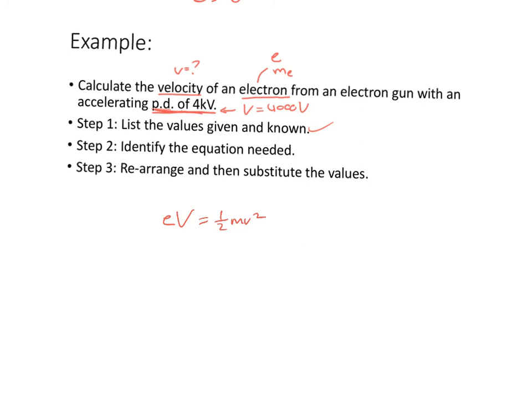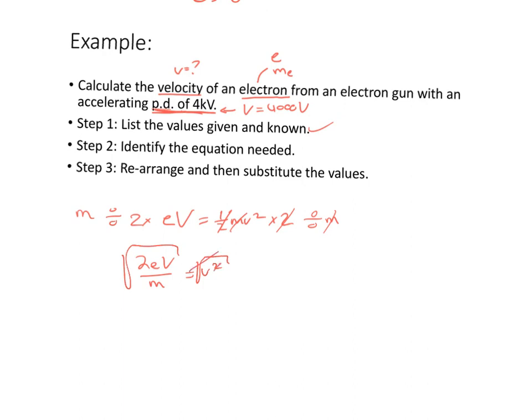To rearrange for V, I multiply both sides by 2. So 2 divided by 2 is 1. I divide both sides by M. So I have 2EV over M equals V squared, the velocity squared, and then we take the square root of both sides.